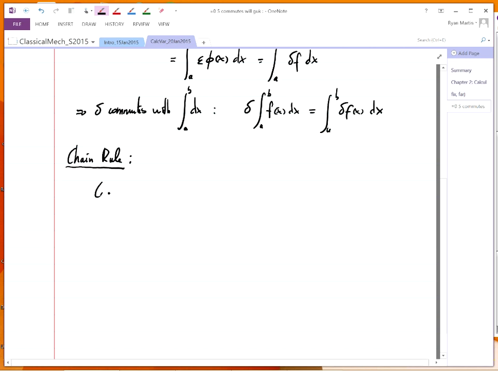So consider y to be a function of x, and the function capital F, that's a function of y. So capital F is a function of y of x. So it's a function of a function.